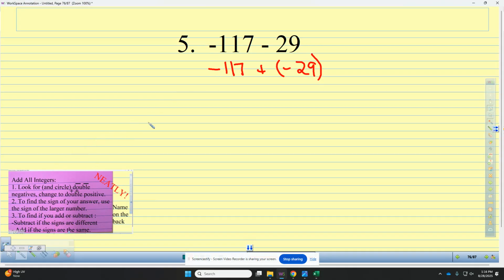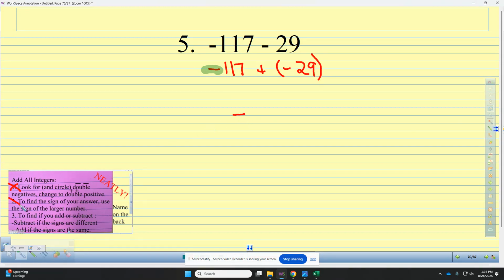Okay, we don't have double negatives here, so that's taken care of. Let's look at the sign. What is the sign of the larger number here? Pause for a moment or think to yourself, what's the larger number here? In this case, the larger number is the 117, so our answer is going to be a negative.